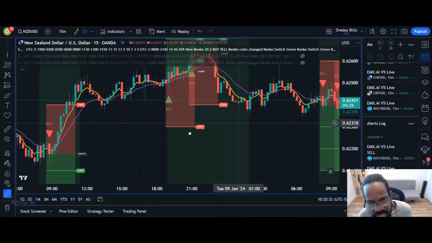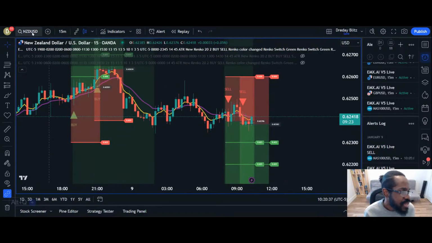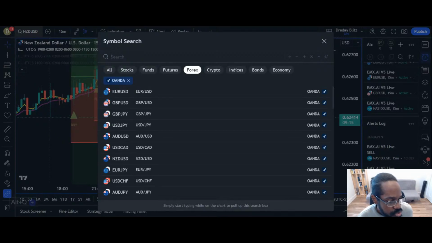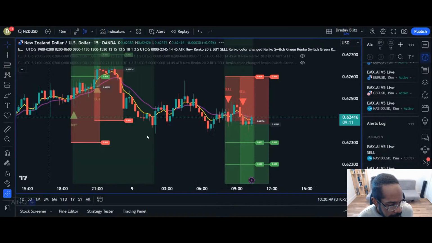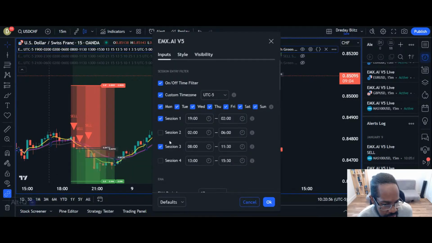This is NZD USD. Personally, I don't like how NZD USD moves, so it's not a pair that I would trade, but I know people love to trade it, so that's okay.